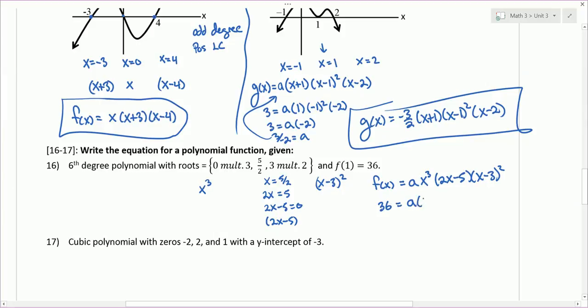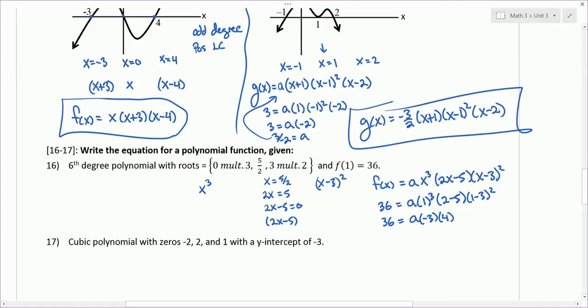That's a times 1 to the 3rd power times 2 times 1 minus 5, so that's 2 minus 5, times 1 minus 3, so it's squared. So 36 equals a times 1 cubed is 1, times negative 3 times negative 2 squared, which is 4.